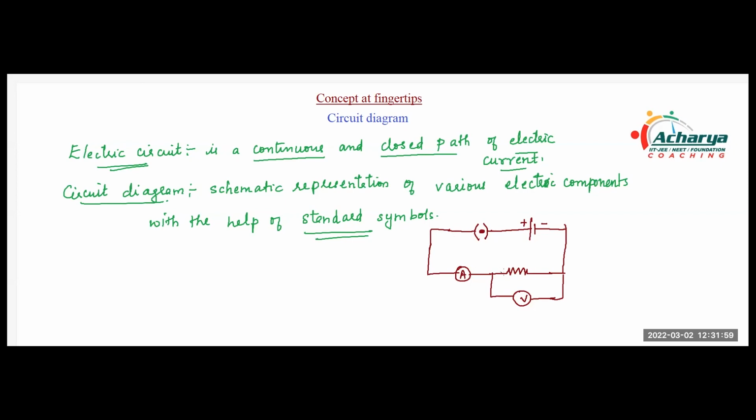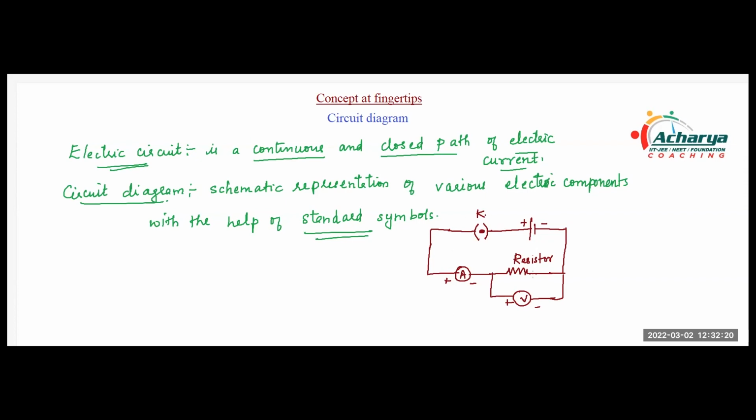So we have the electric components like resistor, voltmeter, ammeter, and key, and then a set of wires. Wires are represented by straight lines.